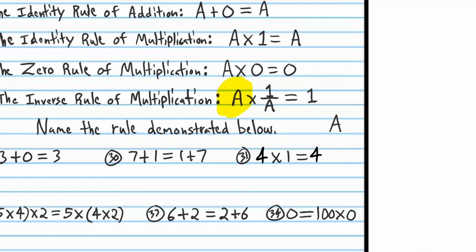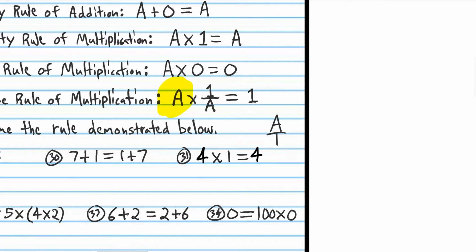It would be a over 1. Remember, we can always write whole numbers as over 1. If you have, for example, 5, you can write it over 1, and it's still the same value. You're kind of writing it as a fraction. Now, when you take a over 1 and you flip it so that the 1 is on top and it becomes 1 over a, this is called the inverse.